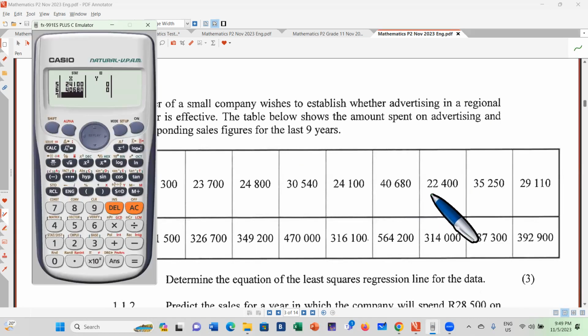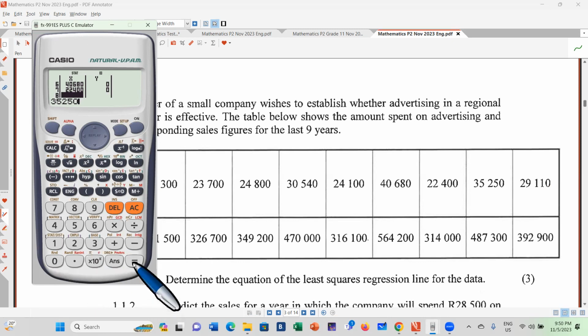Now we're doing 22,400. Next we're doing 35,250.